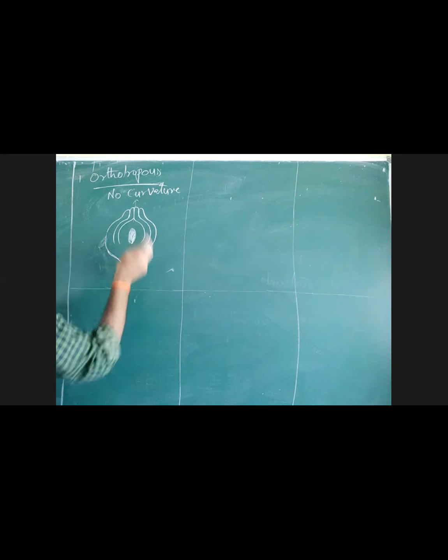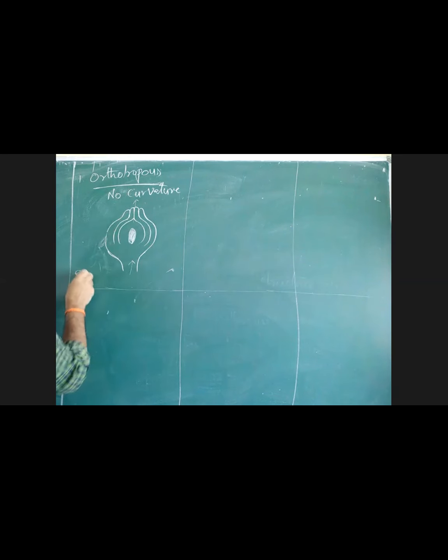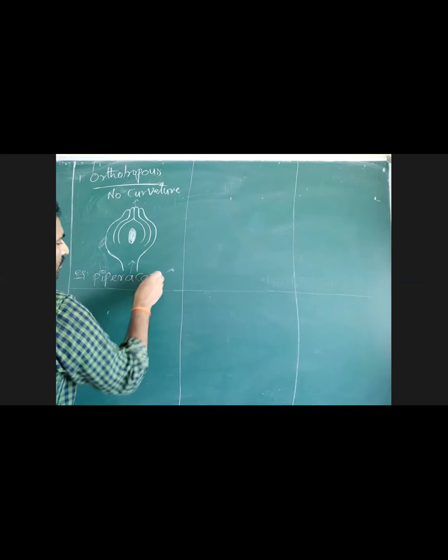In the same line, the micropyle is there. There is no curvature, straight. This is called a straight ovule. That is called orthotropous ovule. All this we can observe in members of the family Piperaceae. In the Piperaceae family, we can observe the orthotropous ovule.